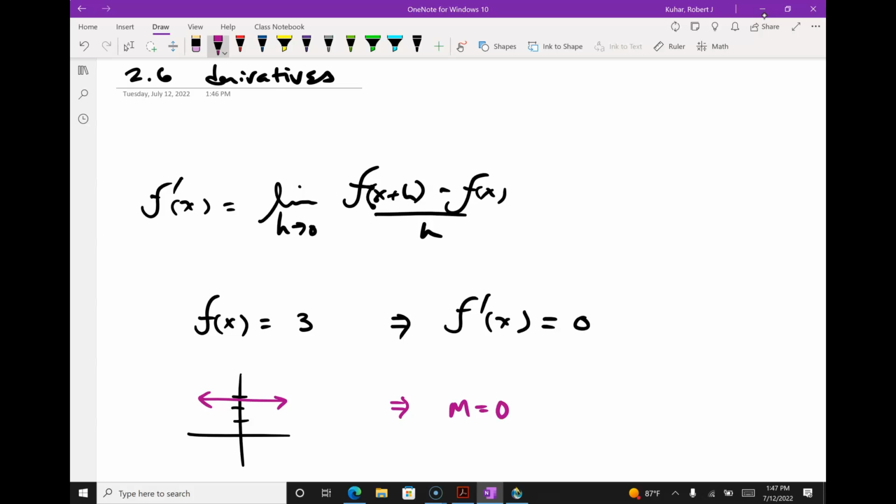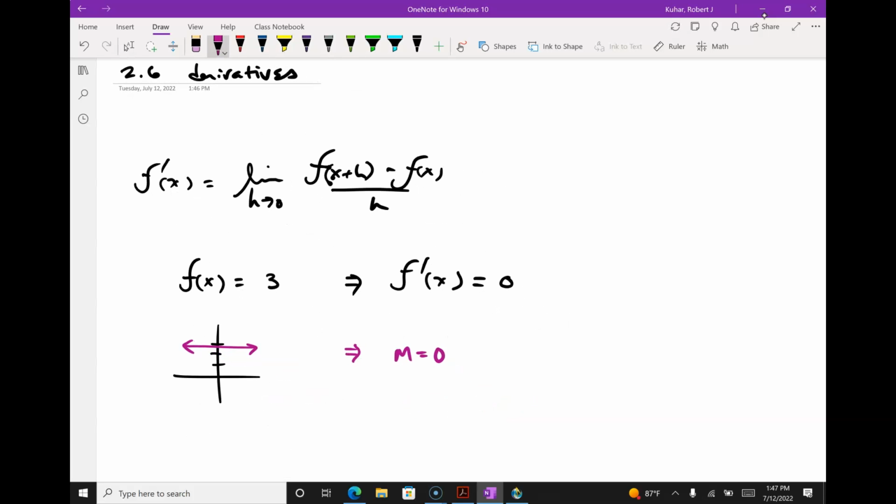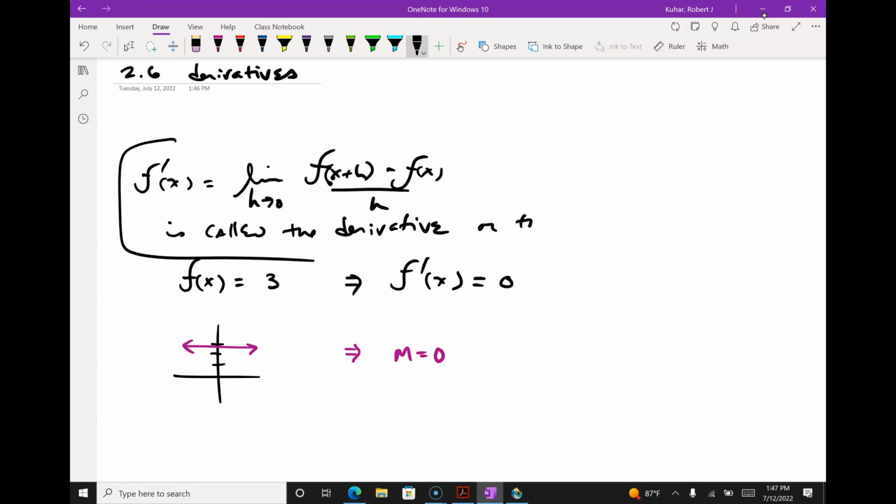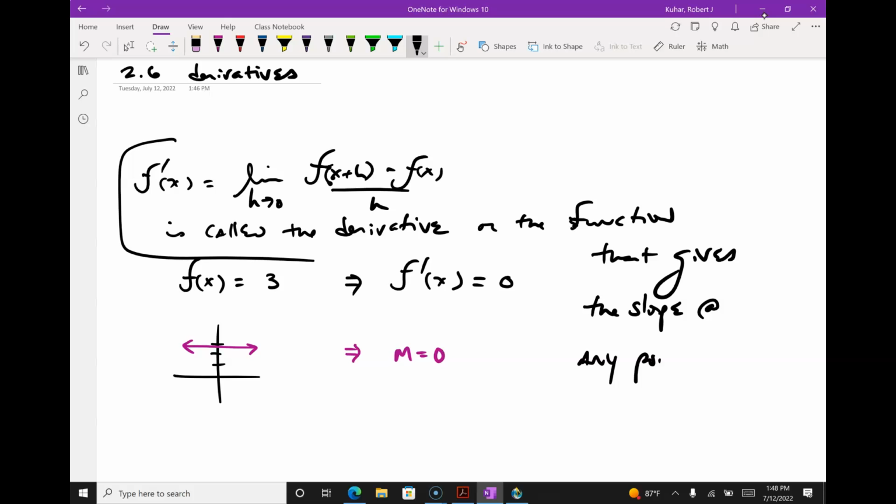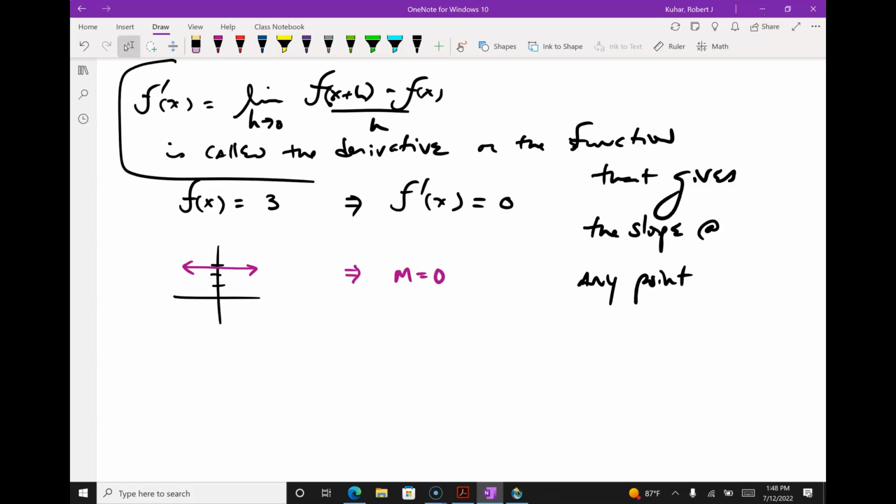And remember, the derivative is the slope at any point, or the function that gives you the slope at any point.